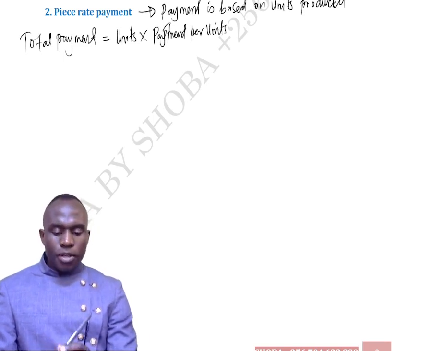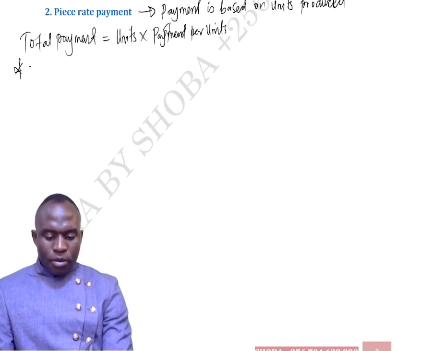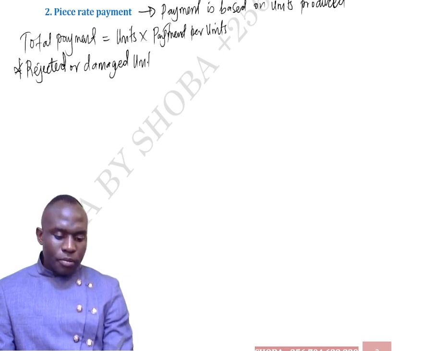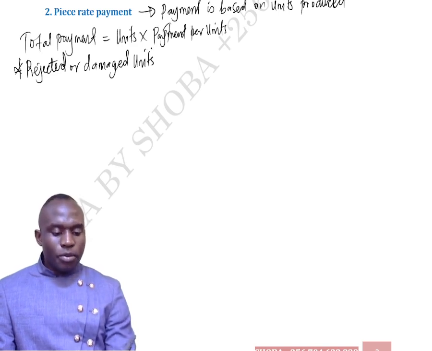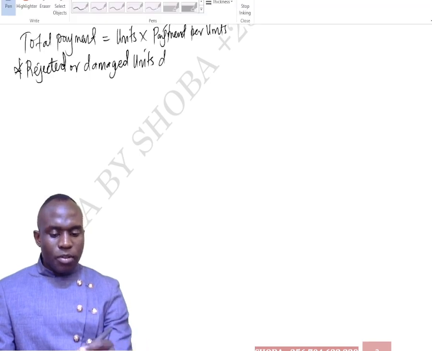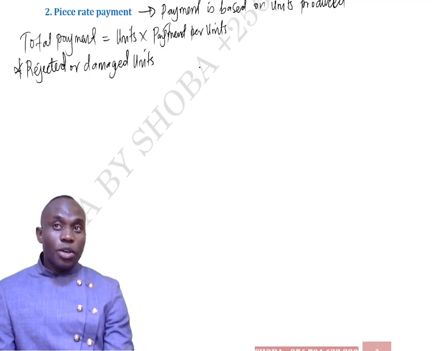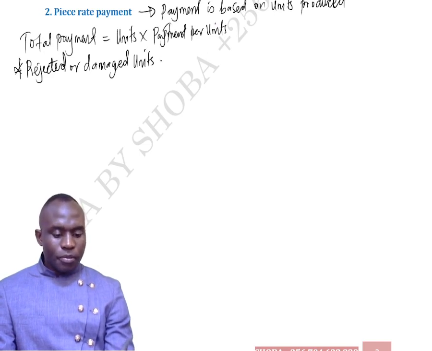But take note of this, that rejected units, or they can be damaged units, are not paid for. So rejected or damaged units don't qualify for payment. So we only pay for fully completed units.